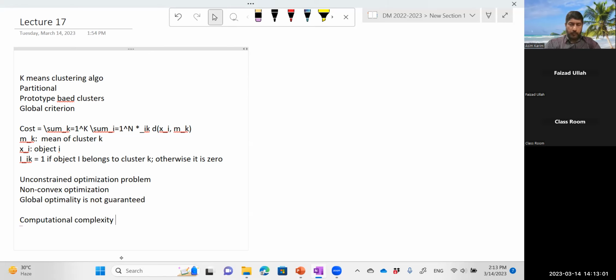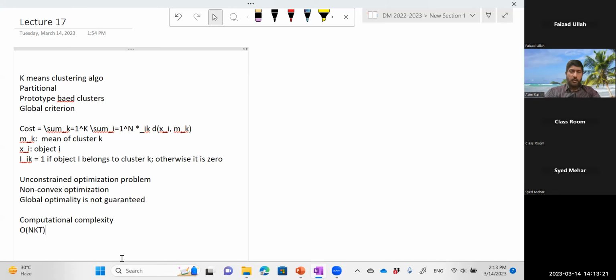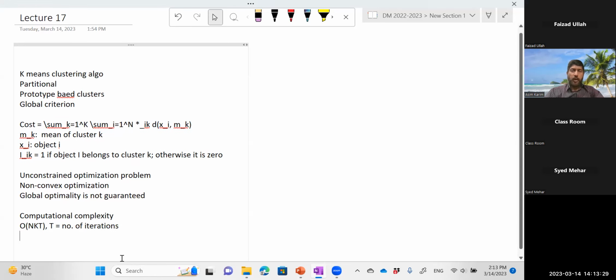So the computational complexity is actually linear in all the key variables or parameters of the algorithm. So basically, n is the number of objects, k is the number of clusters, and t is the number of iterations. ठीक है?